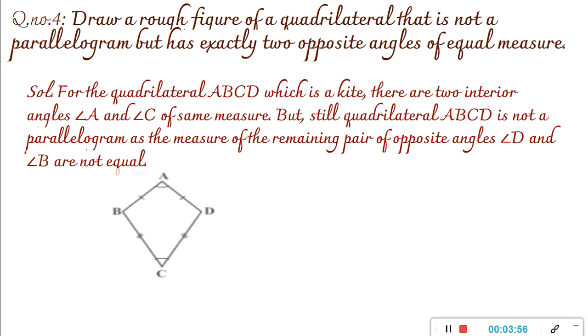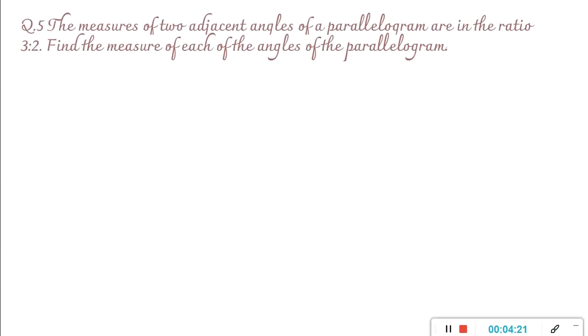So here this is the figure of a kite. Quadrilateral ABCD is a kite, where two interior angles, angle A and angle C, are equal in measure. But still quadrilateral ABCD is not a parallelogram as the measures of the remaining pair of opposite angles, angle D and angle B, are not equal. Clear?